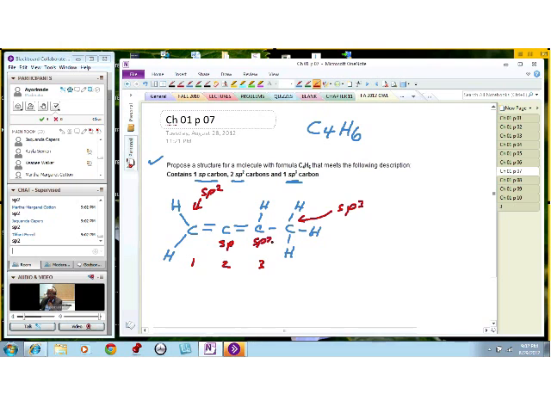Excellent. So what do they tell us to do? The requirement is that this molecule must have 2 sp2 carbon. That's what we have. This is 1 and that is 2. So that satisfies that. Then it also says that it must have 1 sp carbon, and that is this here.